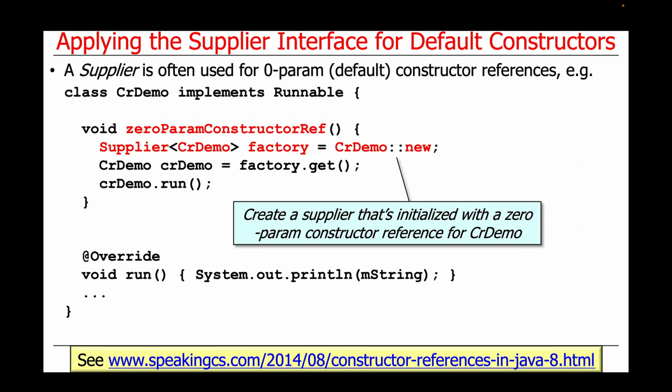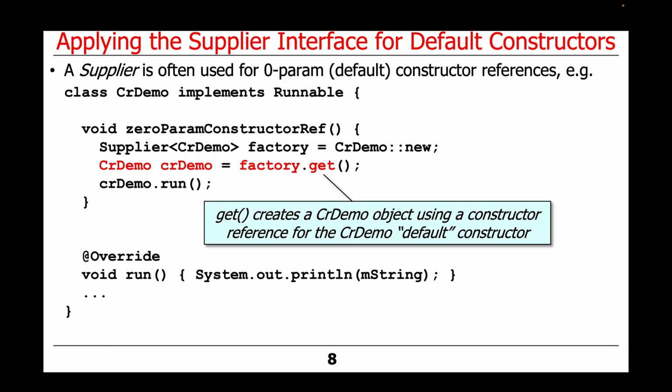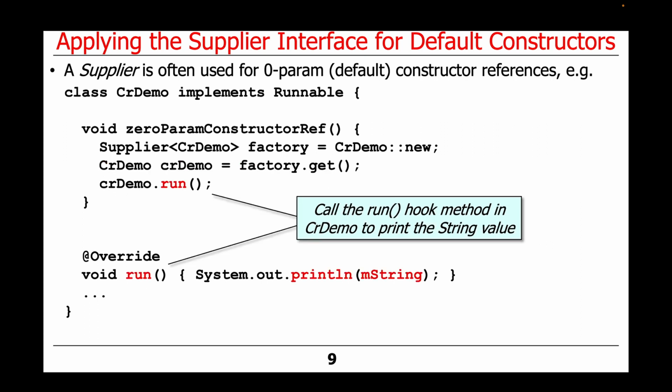Once we've assigned factory with the constructor reference, we can then use the get method on factory to make ourselves an instance of the CRDemo class using the default constructor. We then turn around and call the run hook method on the CRDemo object, which we'll call the run method down below, which turns around and prints the value of the string.